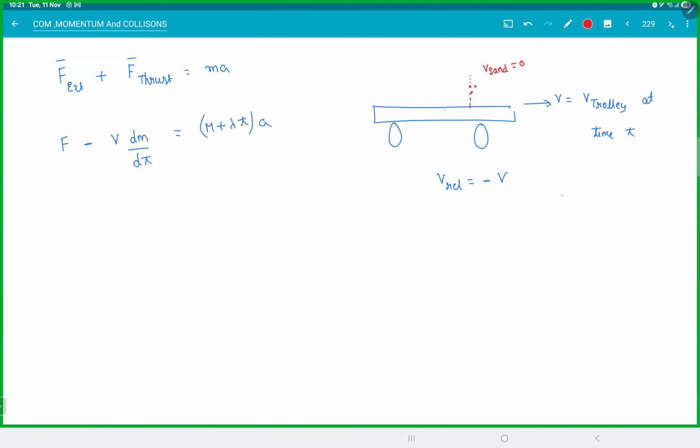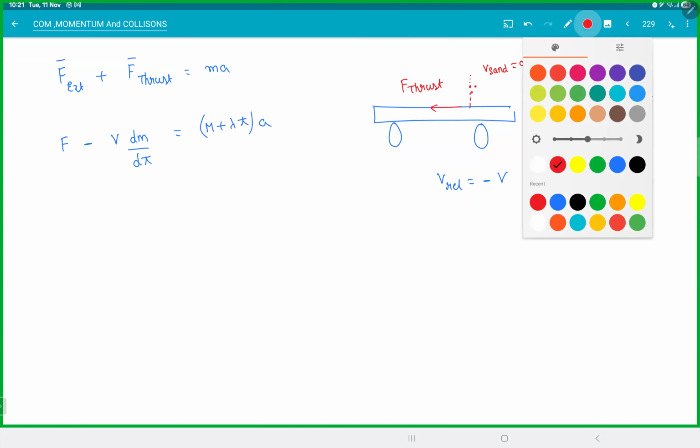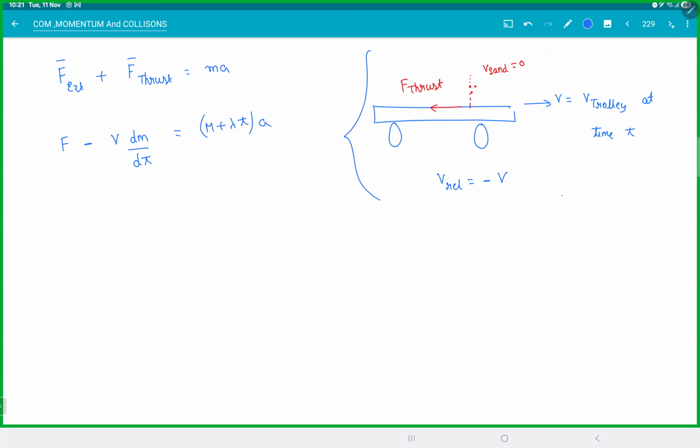Because of the sand falling, the thrust force will actually act backward. So the trolley will think it is slowing down, something is pulling you back. So there is a V relative now. This is F minus V into lambda. This is m plus lambda t into a. A is nothing but dV by dt.